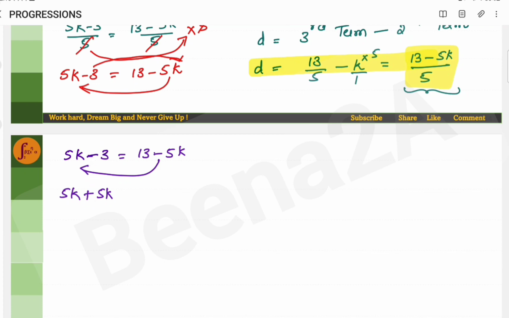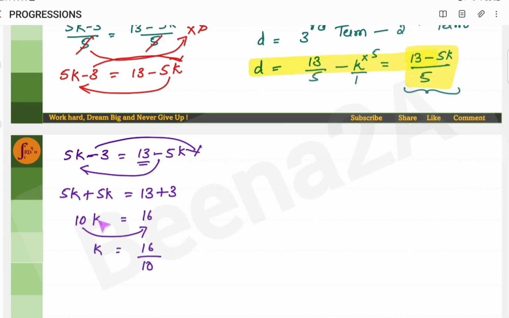Now I'll shift this to this side. Here I already have 13. Let me copy 13. Shift minus 3, and it will become plus 3. So this is going to become 10k is equal to 16. Which means k is equal to, let me shift 10 here, 16 by 10.